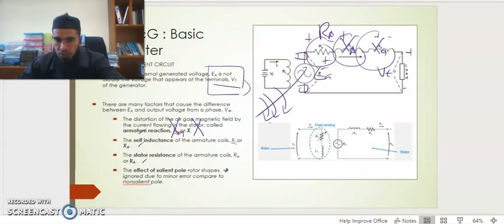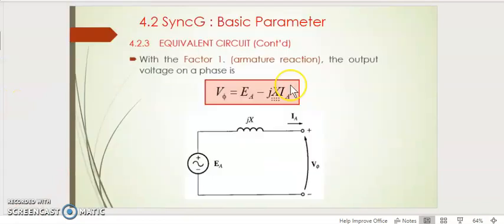If we have a rotating salient pole, and the pole is rotated outside, we have some effect out of that. But due to the minor error compared to the non-salient pole, the effect is ignored. So the main parts that remain to be considered are the RA, XA here, and XA on the armature side.